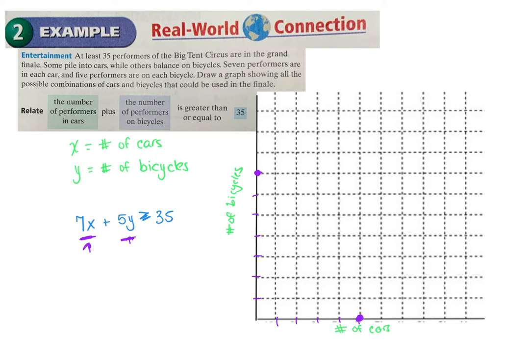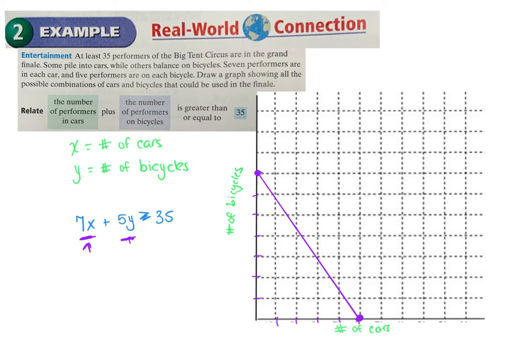And then it wants me to, of course, graph it. This is a greater than or less than problem, and I want to graph it. Now, obviously with this, we don't have to go into the negatives because we don't have a negative number of cars or bicycles. Now, if I were to shade this, am I going to shade above or below it?